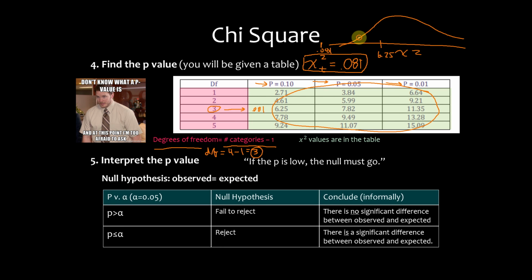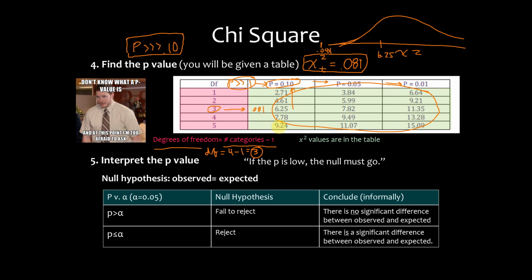That means that we're going to go up to the p-value. Our p-value is going to be much, much larger than 0.1. P is huge. So P is much, much larger than 0.10. Okay.